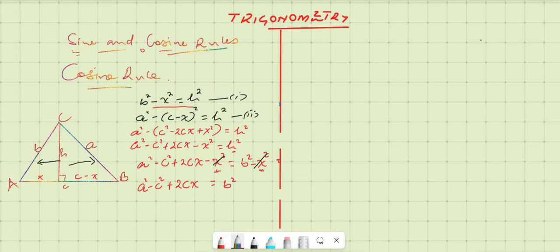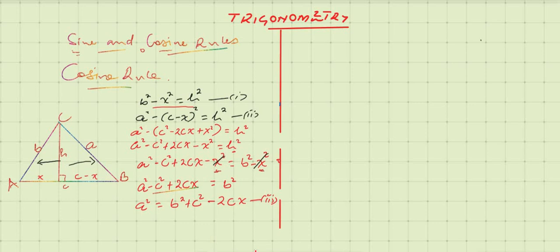Taking these components to the right, you find that a squared equals b squared plus c squared minus 2cx. You can call this another fact, fact 3.